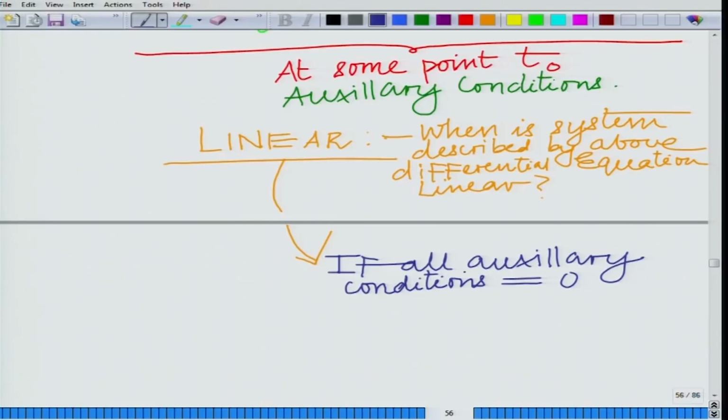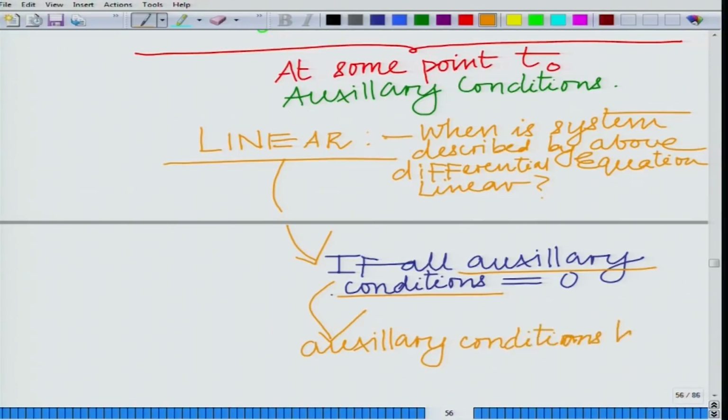Only then will the system be linear. The auxiliary conditions have to be 0.